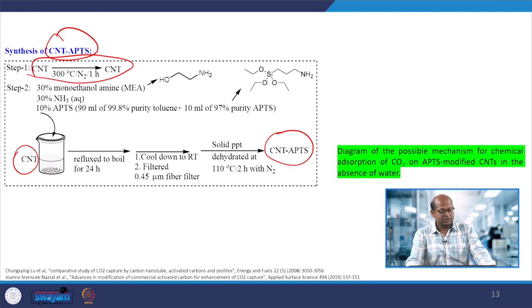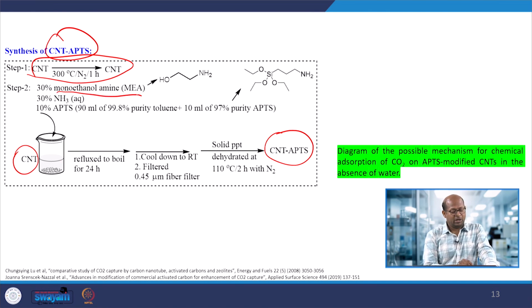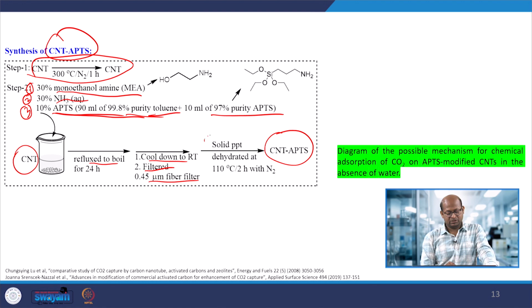After that it is taken in a beaker, and then monoethanolamine or ammonia, either one we can use for this process. If we use APTS, we use it in toluene, and then we do the reflux, cool down to room temperature, filter, collect the solid precipitate, and finally by dehydration we get CNT-APTS.